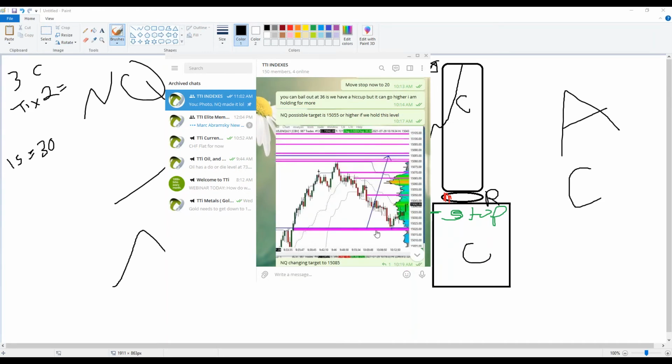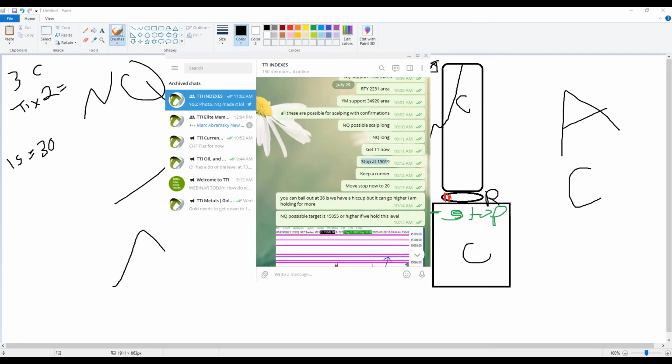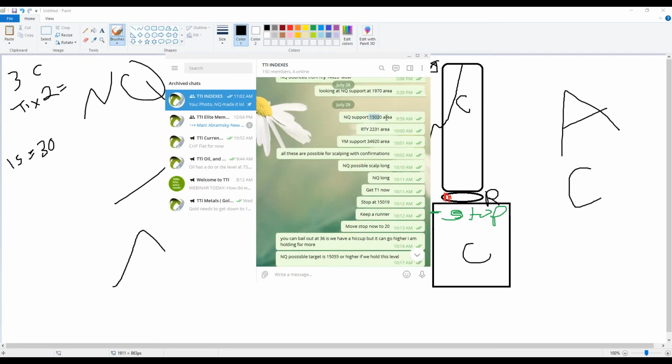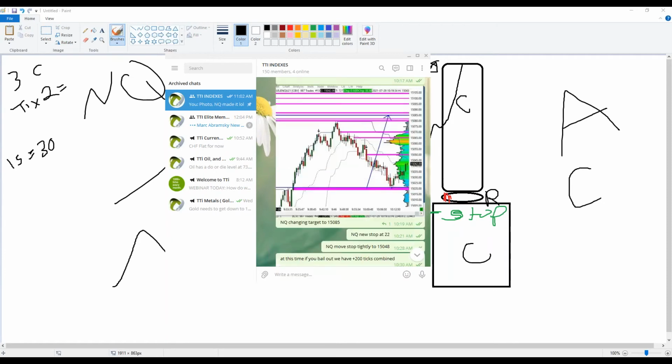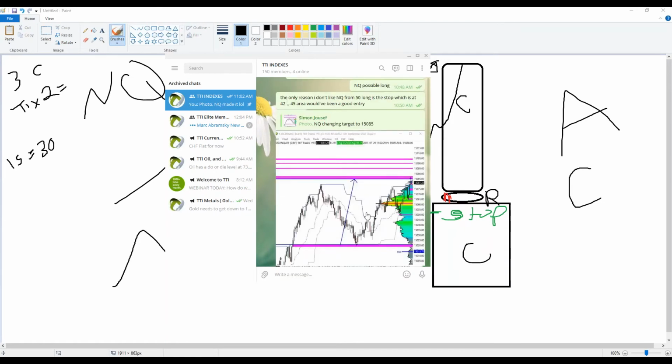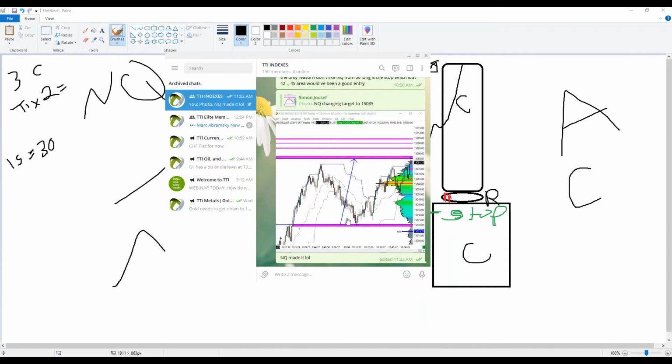This was the entry, and I wanted to get to 15,085. That is a 200-tick move. This was the entry, the very bottom, 15020. And this was 10 minutes after the market hit it. So anyway, at the end of the day, NASDAQ made it to 15,085.